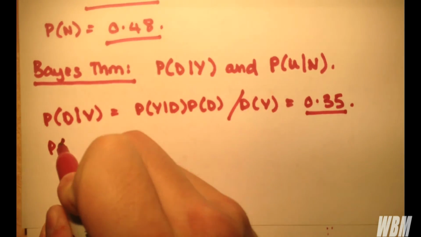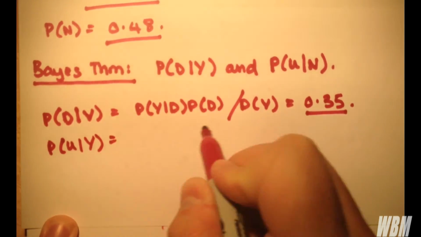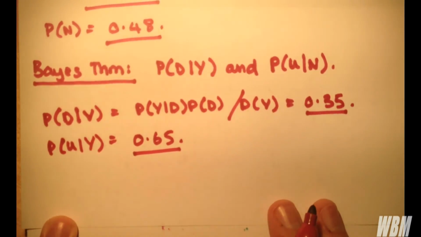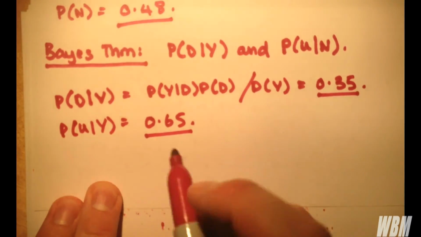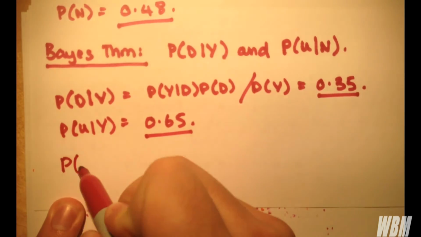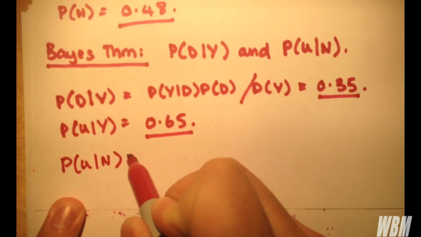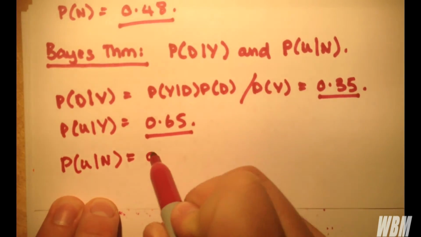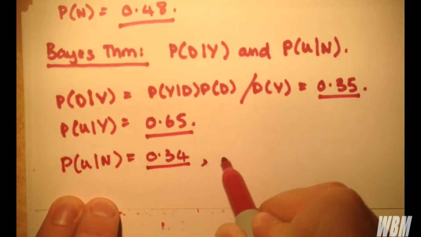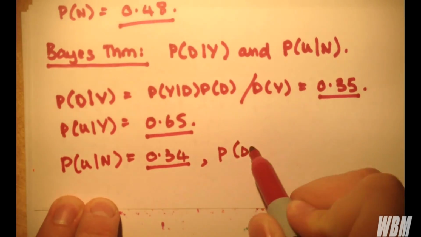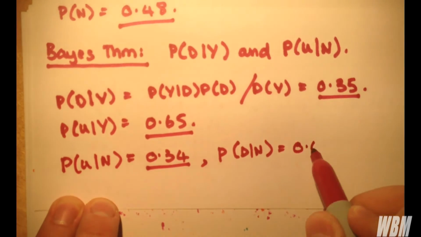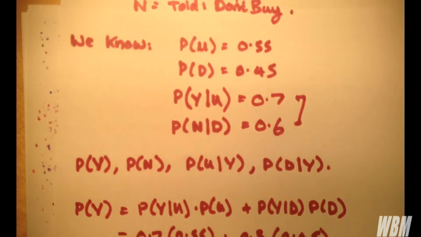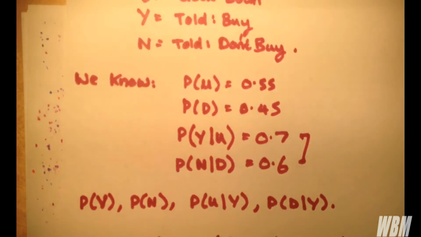And therefore we know the probability of up given yes, which is 1 minus 0.35, which is 0.65. And by the same method of Bayes' theorem, we can find the probability of up given no, if we skip the calculation, is equal to 0.34, and by the same method, the probability of down given no is 0.66. So how do we apply all of these values and probabilities to our decision tree?